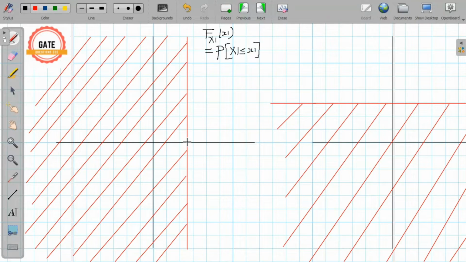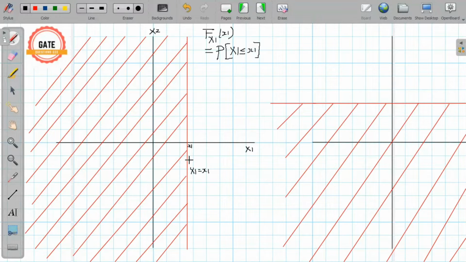Suppose this is the x1 axis and this black line is the x2 axis. Suppose this point on the x1 axis is where the value of random variable capital X1 is small x1, and the line that is passing through this point is capital X1 equal to small x1.